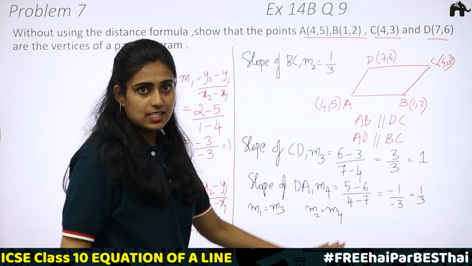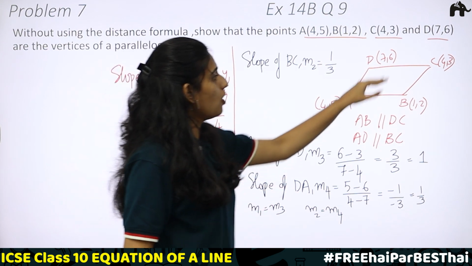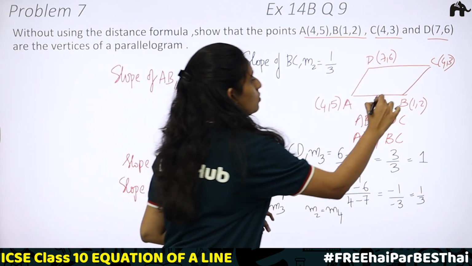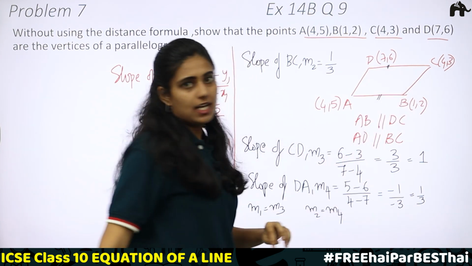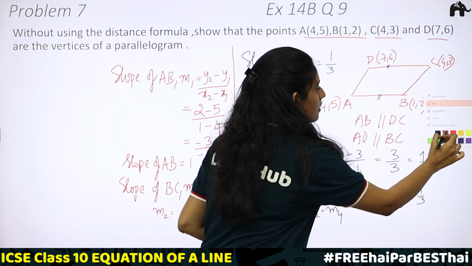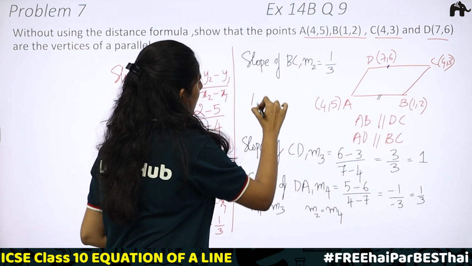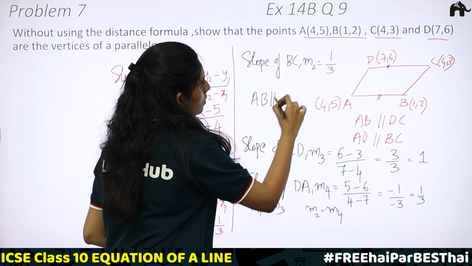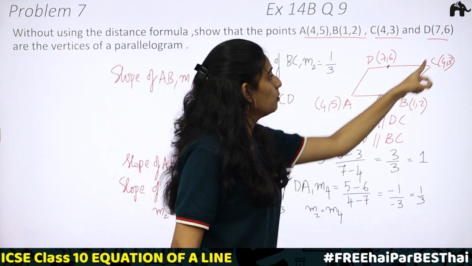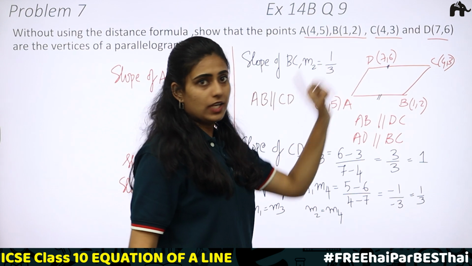From which we understand that since the slope of AB and CD are equal, these two are parallel lines. We can write AB parallel to CD. Also we have the slope of BC equal to slope of AD.